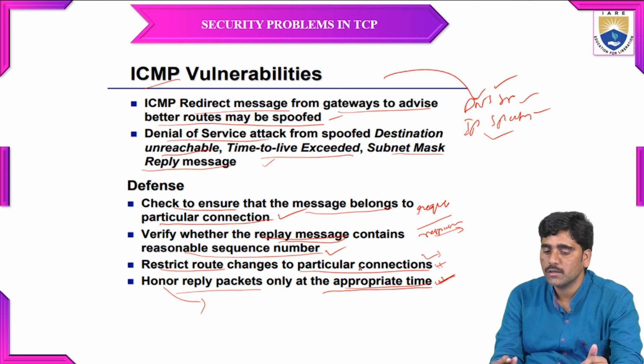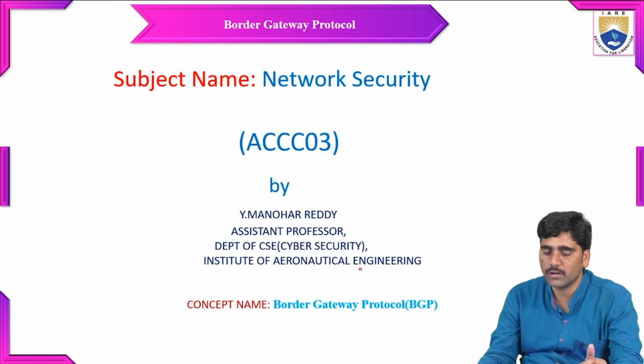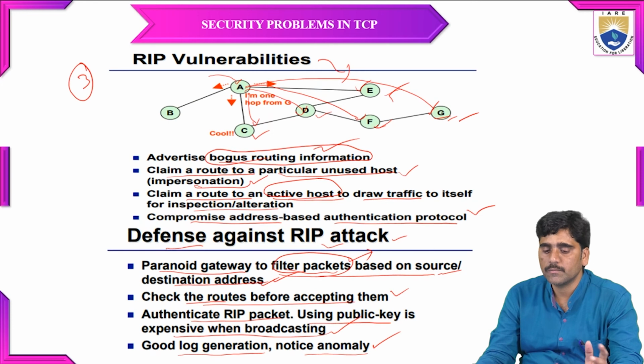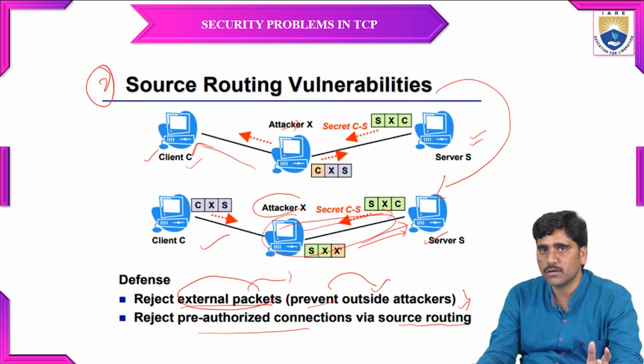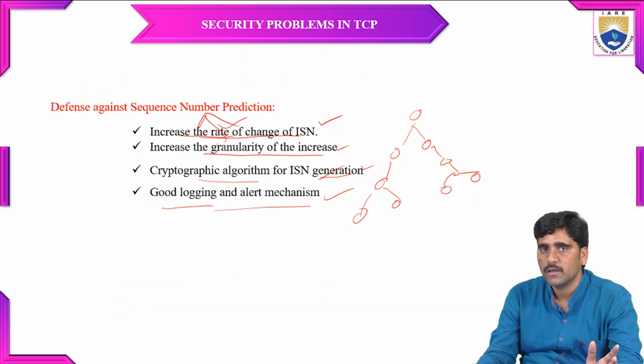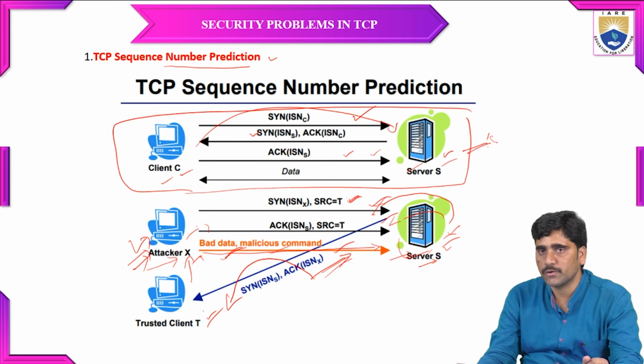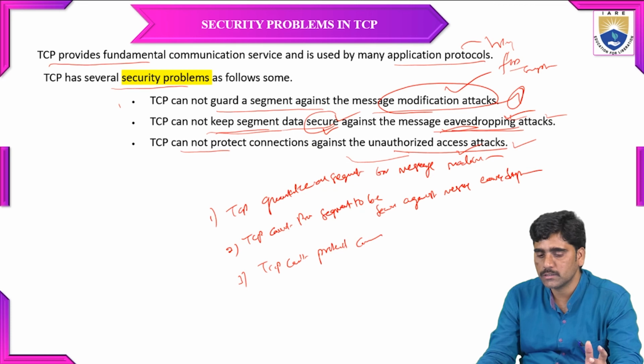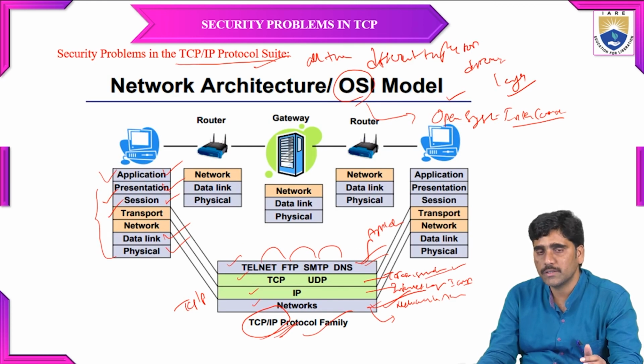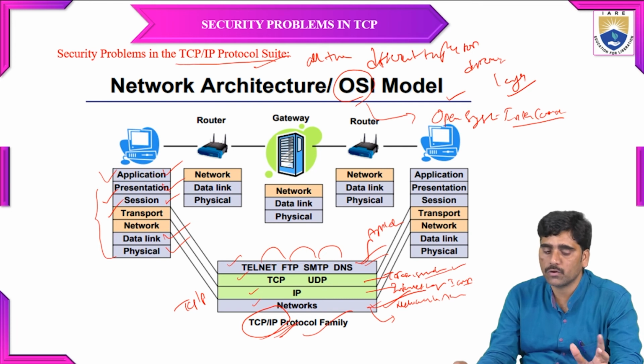So these are the different types of ICMP vulnerabilities, routing information protocol vulnerabilities, source routing vulnerabilities, and TCP sequence number protection. Once again we'll revise all these topics. What we understand from this session is the security problems in the TCP/IP protocol suite.